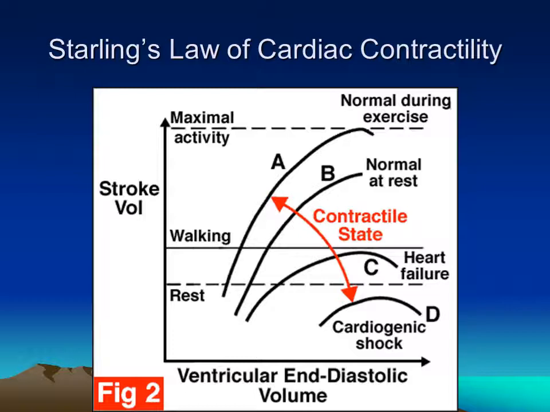A statement in the physiology: the strength of the heart's systolic contraction is directly proportional to its diastolic expansion, with the result that under normal physiologic conditions, the heart pumps out of the right atrium all the blood returning to it without letting any back up in the venous system.